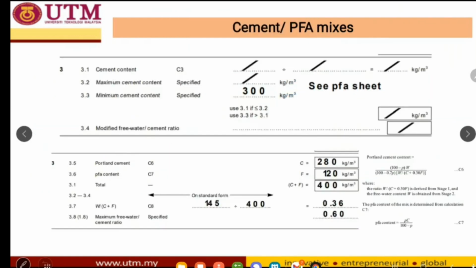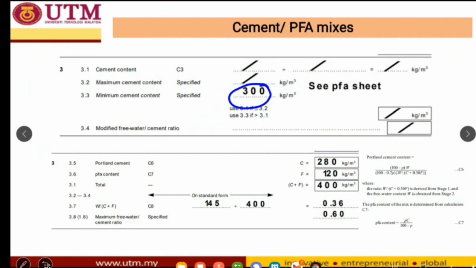Then we proceed to stage 3, where for the cement content, the minimum cement content is specified in the question, which is 300 kg per meter cube. For 3.1 to 3.4, we do not need to calculate.